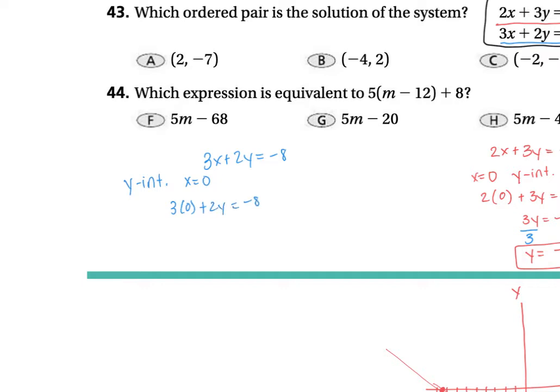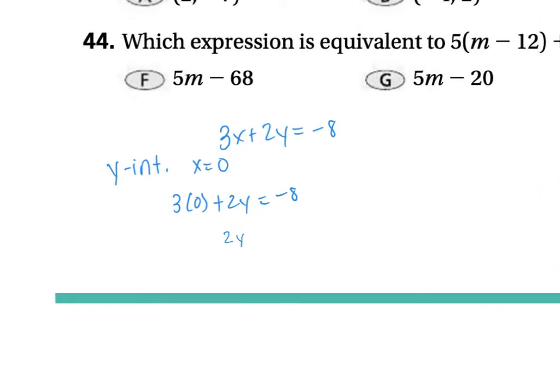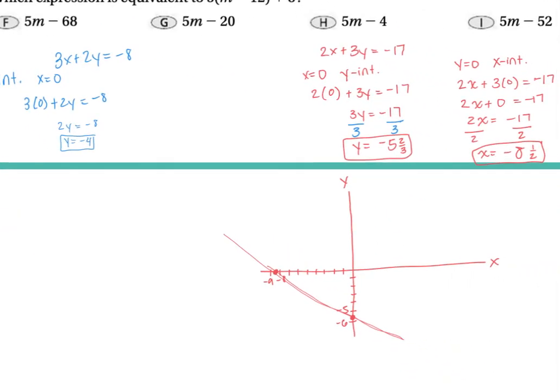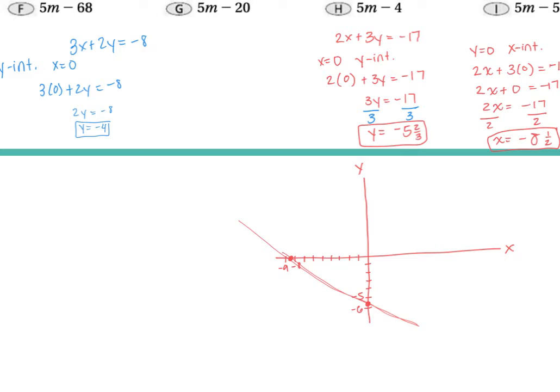Tessa, help me out with this one. How am I gonna finish this one? And then what do I do? Beautiful. Divide 2 on both sides. We're going to get y equals -8 divided by 2 is just -4. Excellent. Let's just go ahead and plot that right off the bat. So let's find y equals -4 and just put a point there in blue.